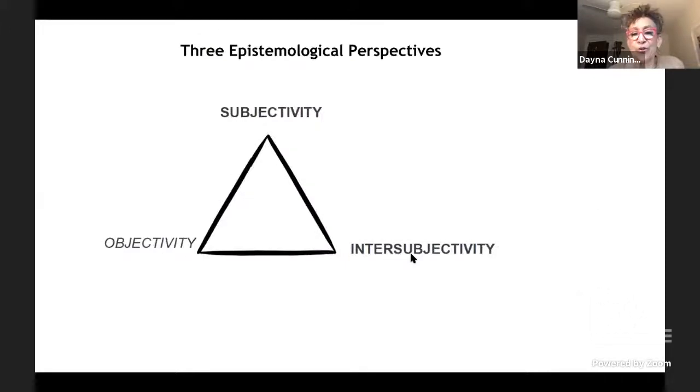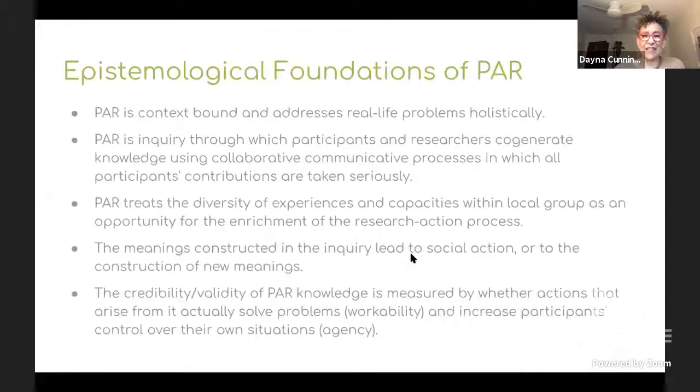That's just another way of framing that. So here we go, just very quickly. PAR is always context bound. The knowledge is relevant to the place, and it's about real life problems.